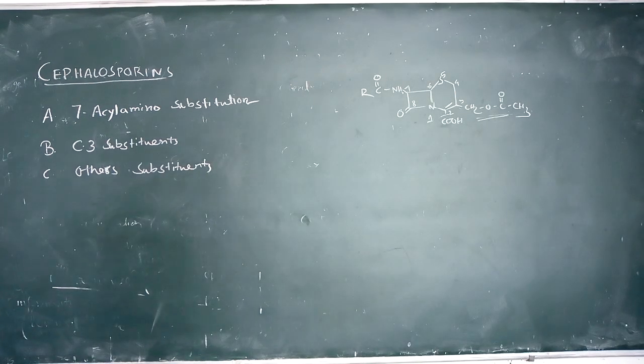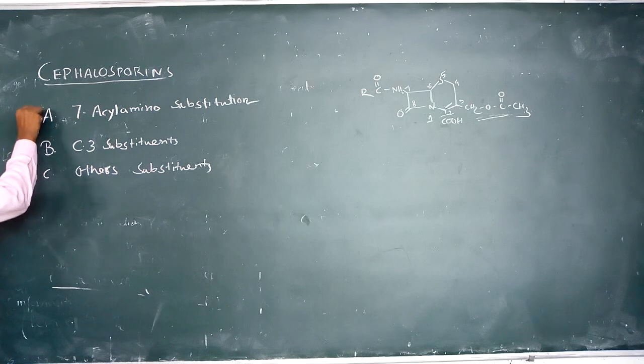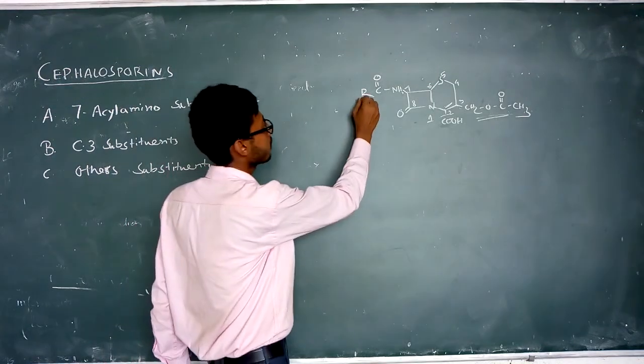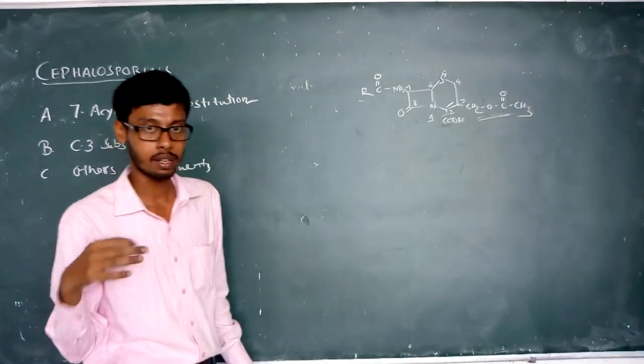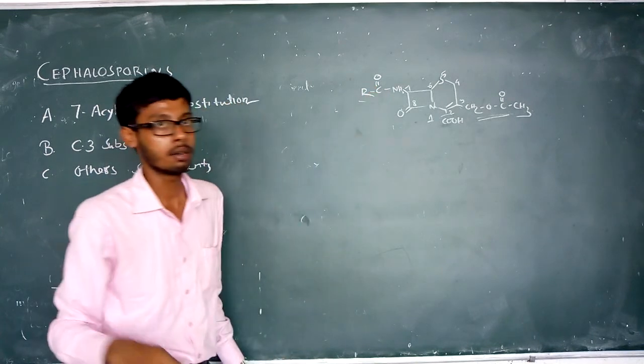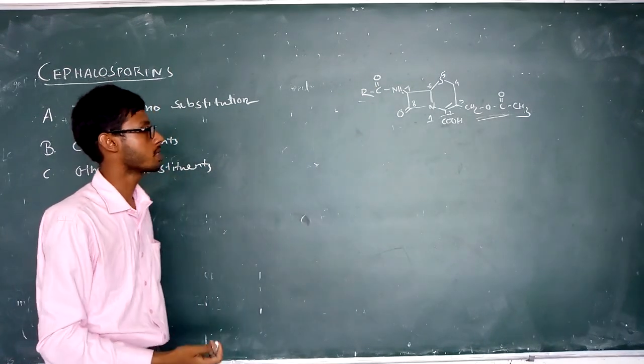We can subclassify it: the first important one is the 7-acyl amino substitution, after that the C3 substitution. In the 7-acyl amino substitution, acylation of the amino group alters the antibacterial activity of the cephalosporin.